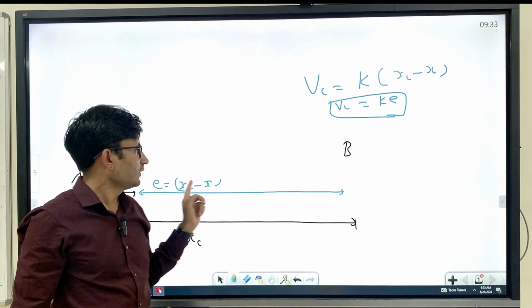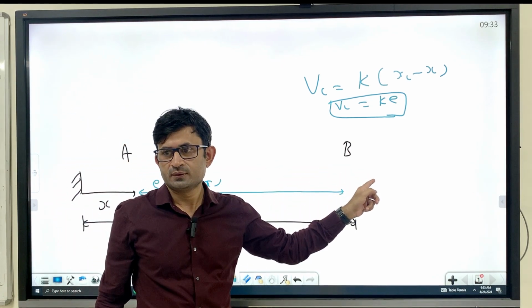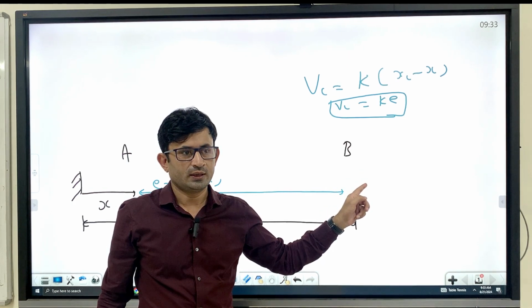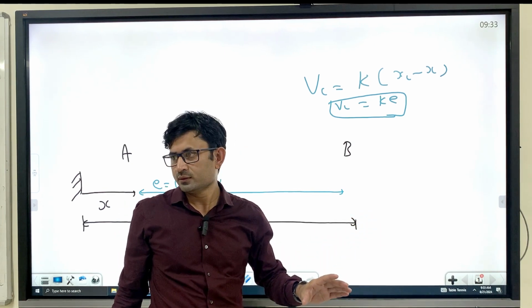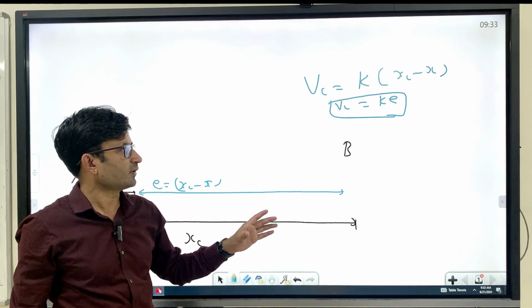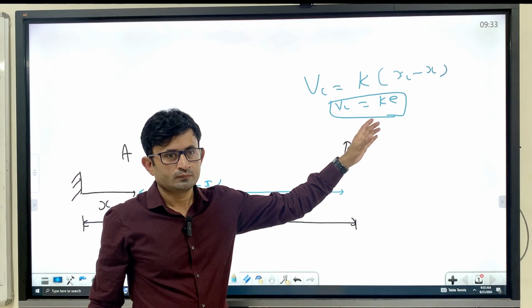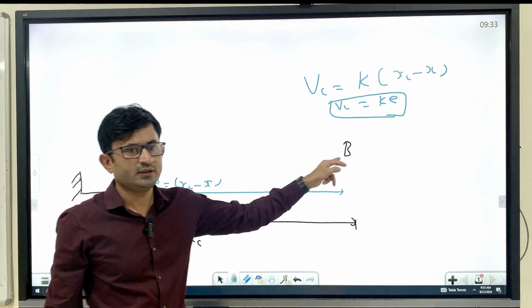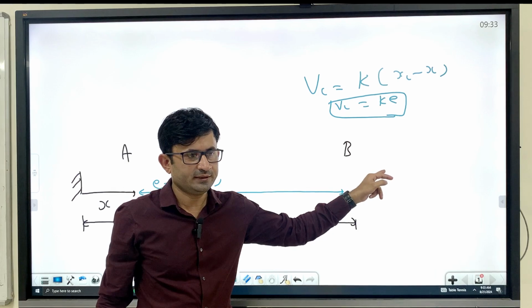So you will move faster from point A to point B if your plant supports whatever you are commanding, and by putting the legs forward you are able to generate that much velocity. That means if you increase k, you will move from point A to point B faster, right?